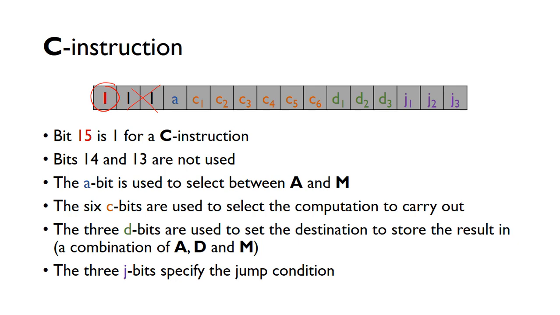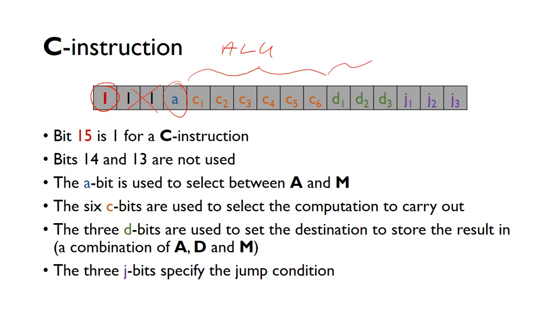Bit A tells us whether we're going to select between A and M, so whether the ALU would do an operation on RAM or on the value in the A register. These bits go to the ALU, so this tells the ALU which computation to carry out.